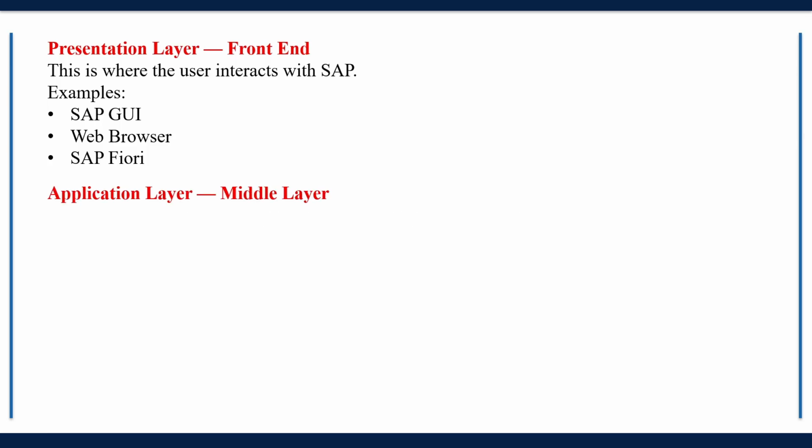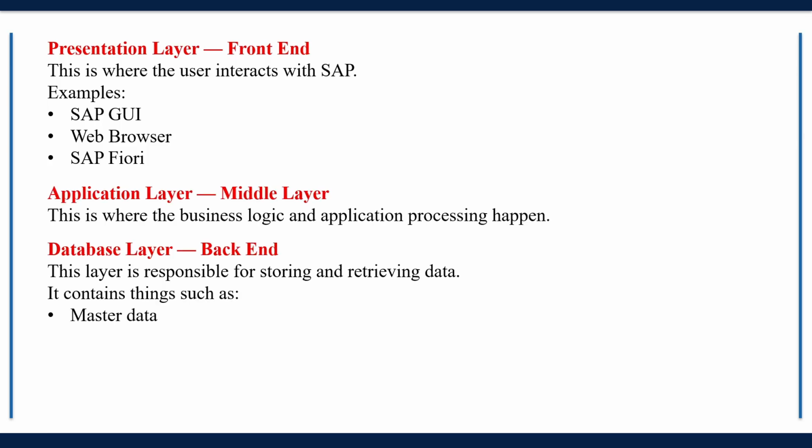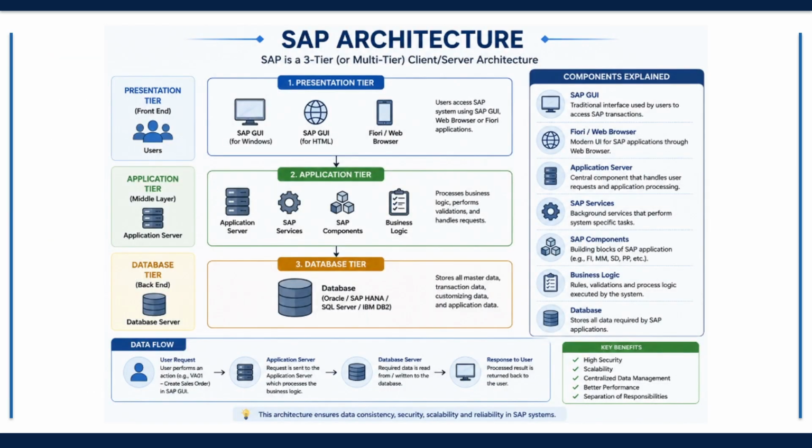So these are all discussed in the previous slide. See the SAP architecture. Here the presentation layer is the front end. It completely depends on the user to show the interface. The application tier is the middle layer which handles the business logic. The database layer is used to store the data, like master data, transactional data, and application data.